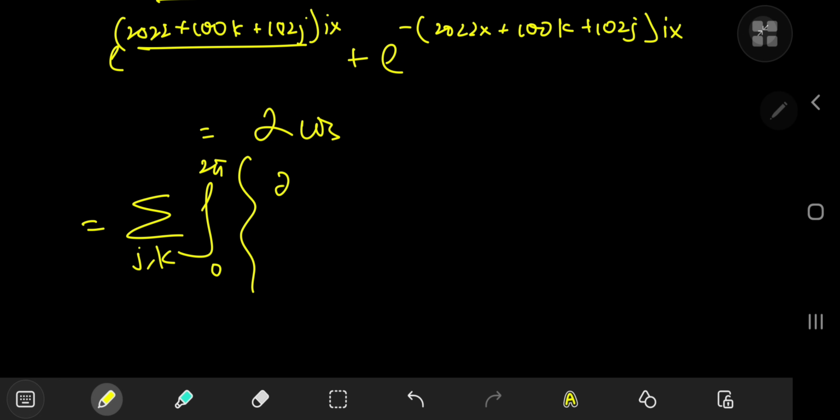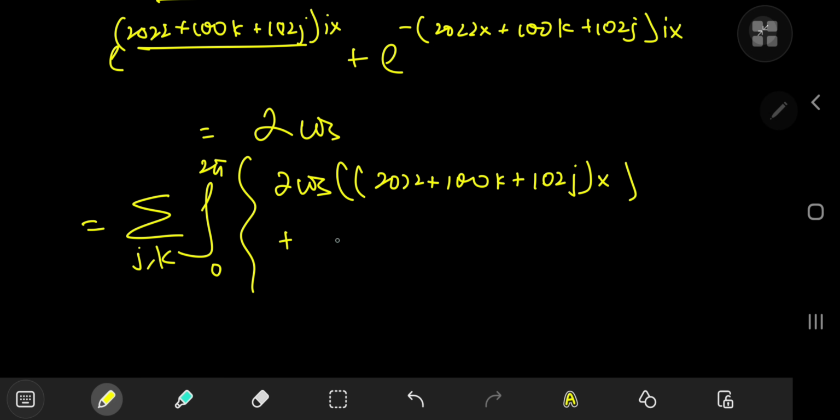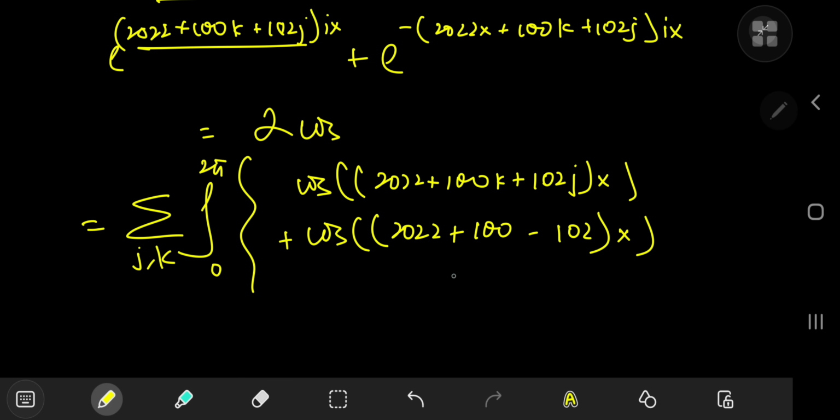I'm going to need a couple of big braces: the cosine of 2022 plus 100k plus 102j x, plus, wait a second, I factored out the 2 already, plus the cosine of the other combination, 2022 plus 100k minus 102j, right? x.